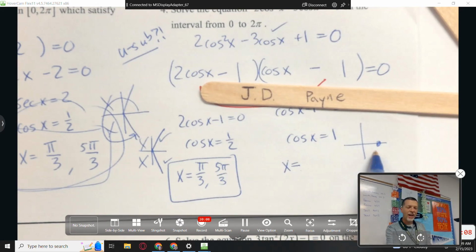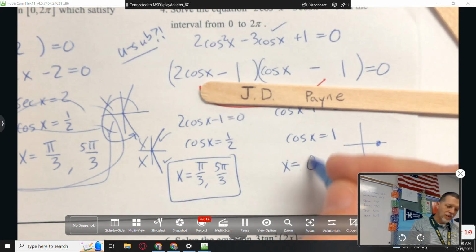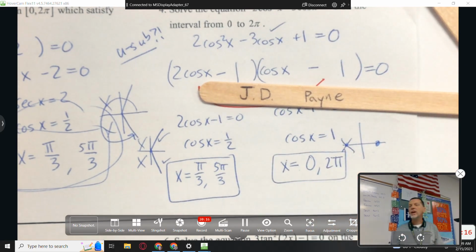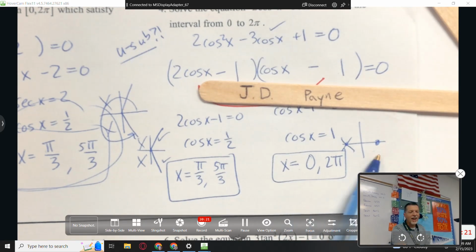It's this spot, you're right, which is 0 or 2 pi. Oh, it can't be pi, because that'd be -1. So just 0 or 2 pi. Okay. This one's kind of weird because that's kind of the same spot, and we don't usually, this is the only place where we give two answers for the same point. Does that make sense? That's the only place where we do that.